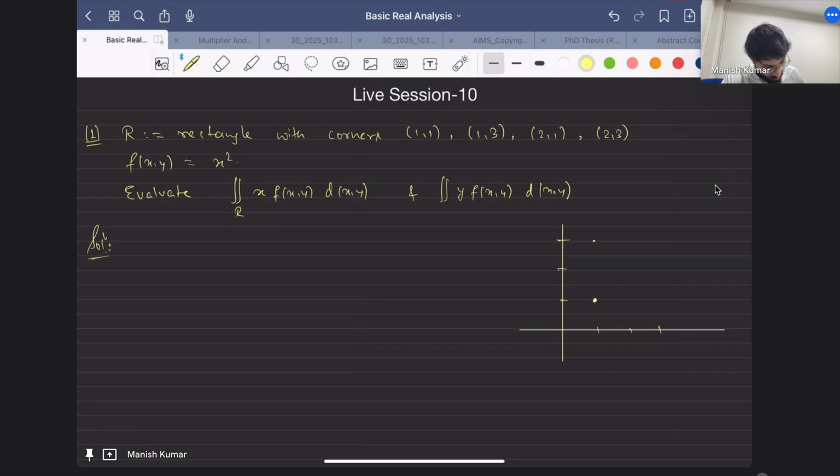This is (1, 1), (1, 3), (2, 1), (2, 3). So how will you solve this?